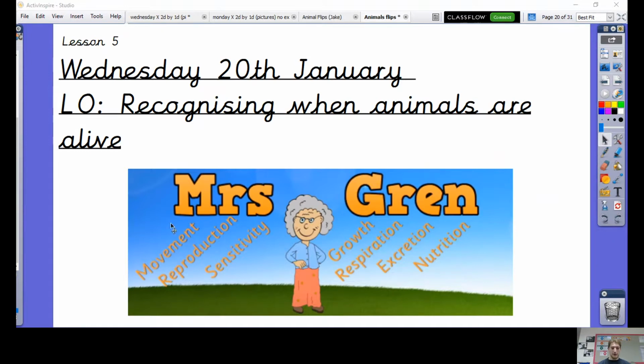Just because something moves doesn't mean it's living, because it might not do any of these other things. Remember, it has to have every one of these things for it to be living, and we're going to go through them now. We're going to do a few little activities just to test whether we're living. We're going to test on ourselves today to see if we're living things.